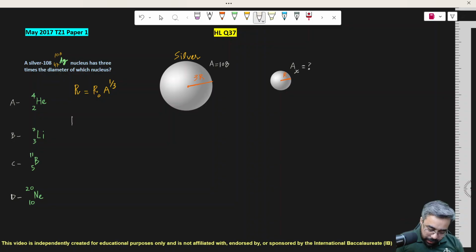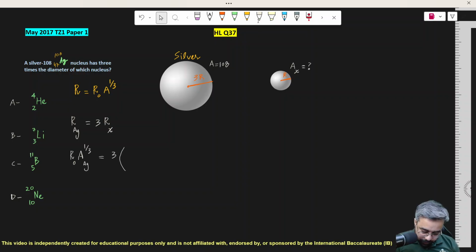We know that the radius of the silver is three times the radius of that unknown nucleus. Now, the radius of the silver can be written as R0, the Fermi radius, whose value is a constant and will not be affected, times the nuclear number of silver raised to the power 1/3, which equals 3 times R0 times A of the unknown raised to the power 1/3.